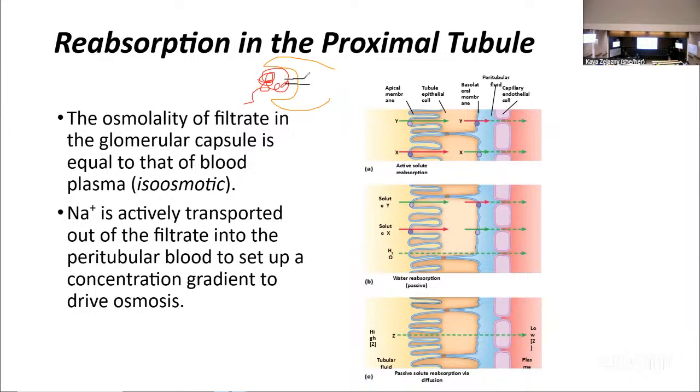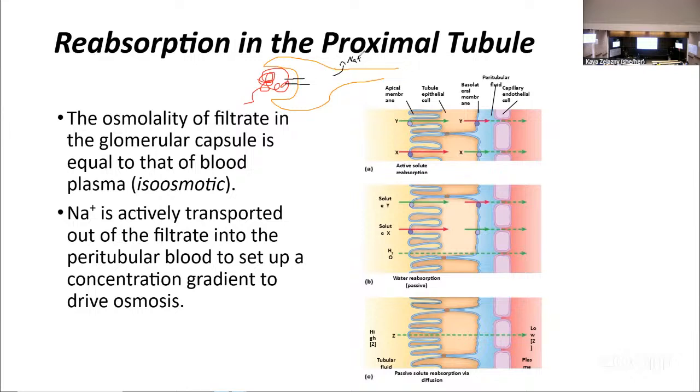Now, as we travel down that proximal tubule, right, we're changing that situation. I'll just make it straight for a second. All right, so as we are moving sodium out, right, so as sodium goes out, we reabsorb some sodium.